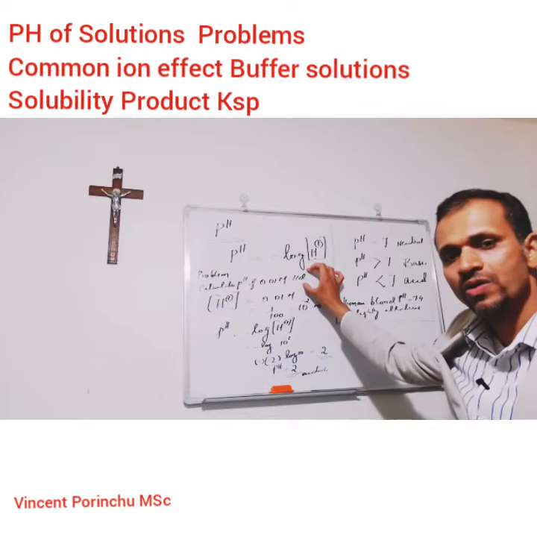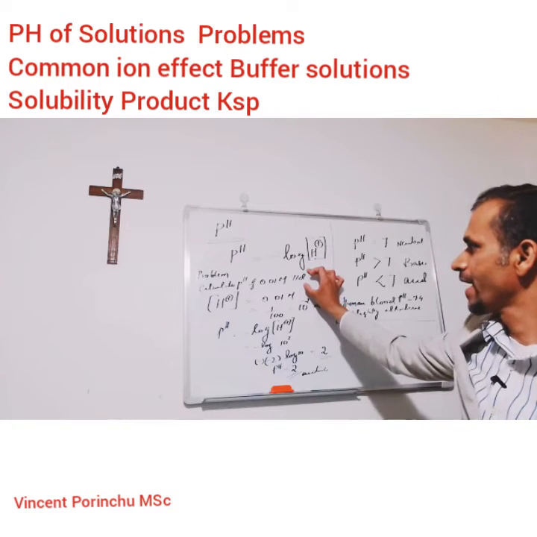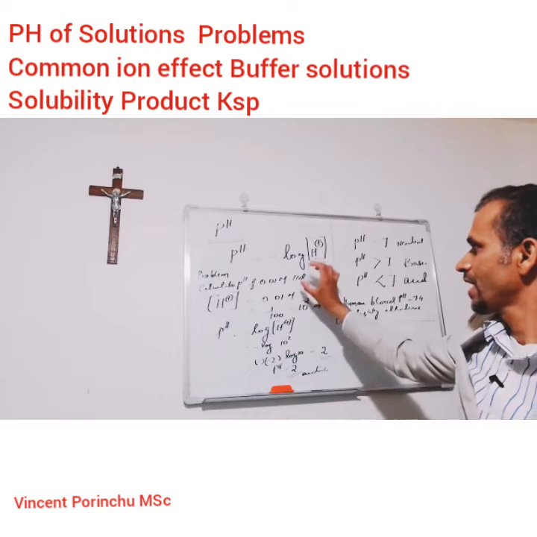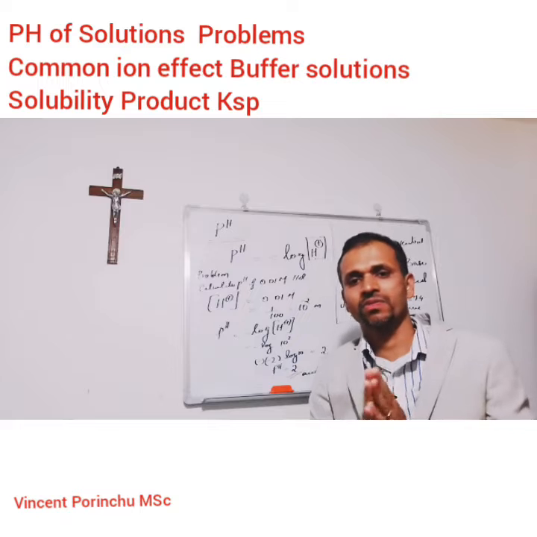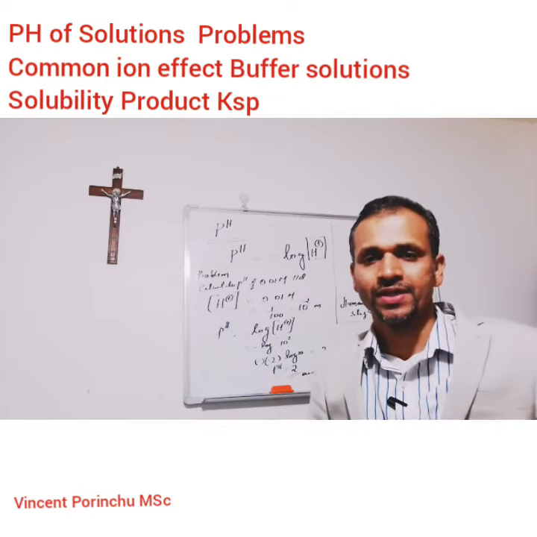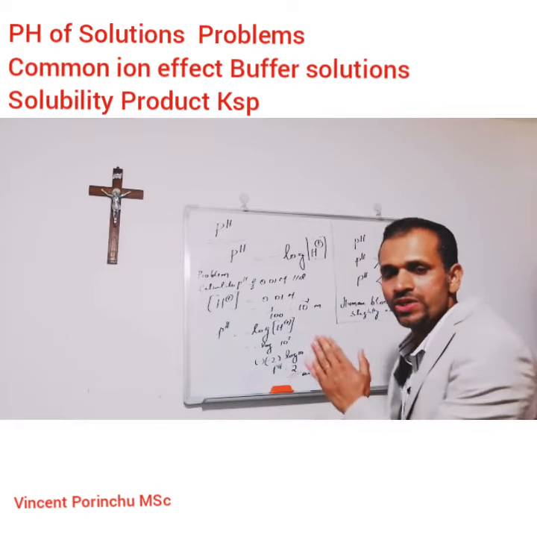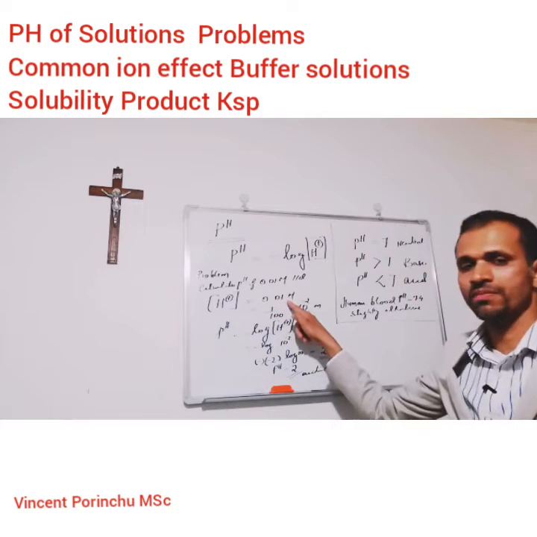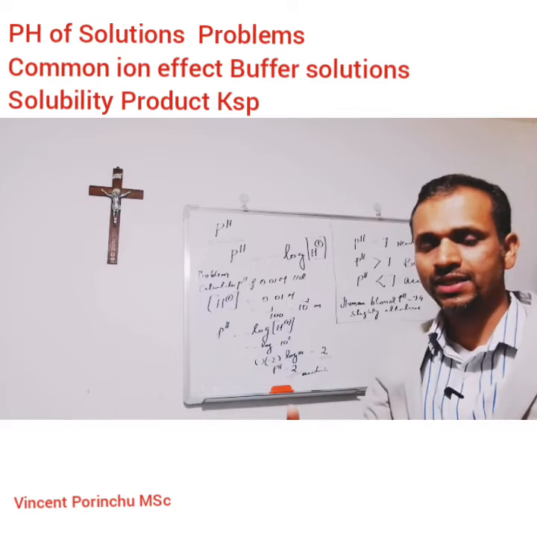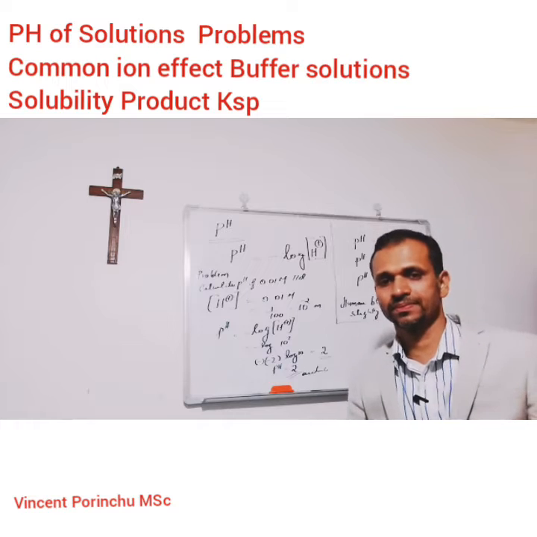Here hydrochloric acid is fully ionized, so when it ionizes we get H positive plus Cl negative ion. The concentration of H positive ion in that solution is 0.01 molar, because with a strong acid, complete ionization takes place.